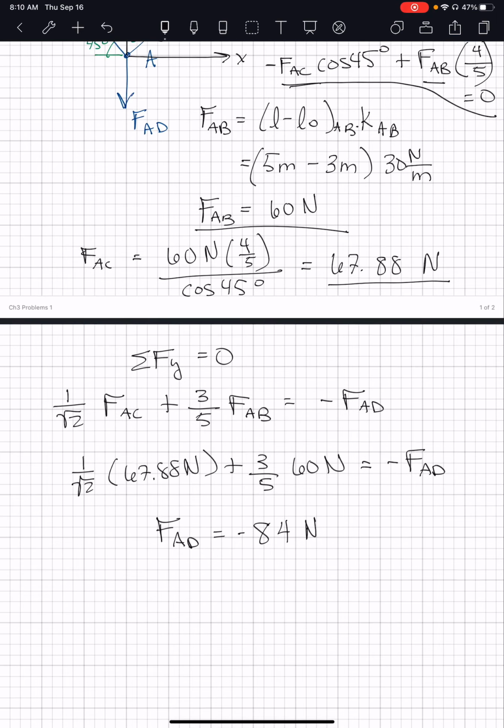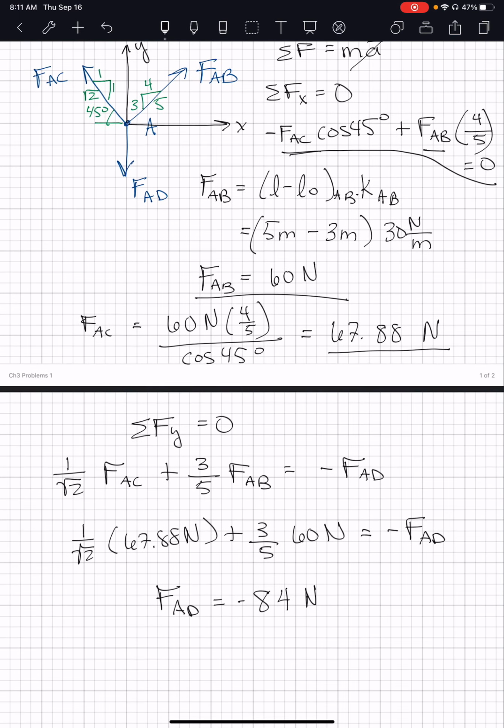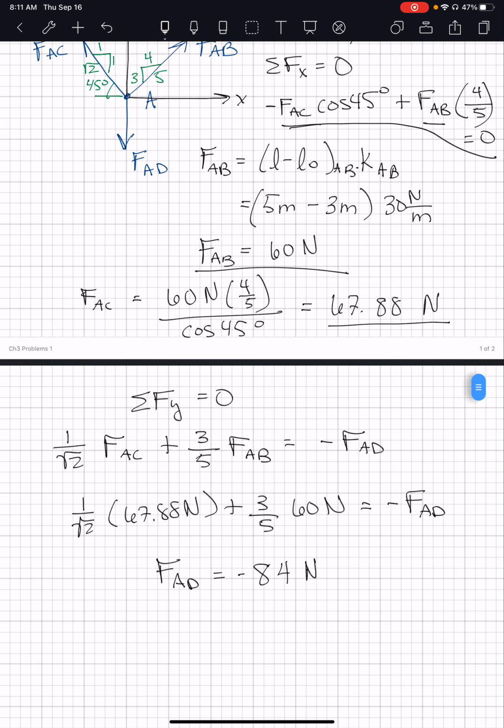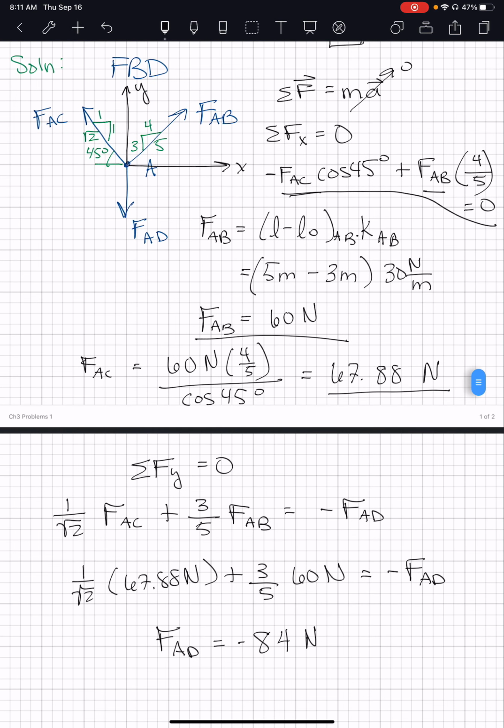Oh wait, I did this wrong. We have the sum of the forces in the y direction equals 0. We get FAC plus that, those are both in the positive direction, minus FAD, and that equals 0. So when we pull that over, FAD equals all of this.